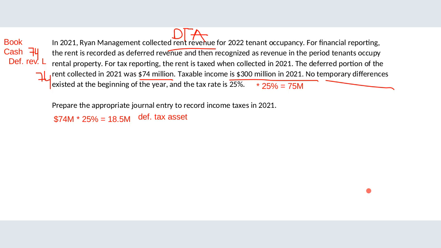And we're going to have a debit to our deferred tax asset for 18.5. And we're going to have a credit to income tax payable of 75 million. So the difference between the 75 million and the 18.5, or 56.5 million, is going to be our income tax expense. Okay.